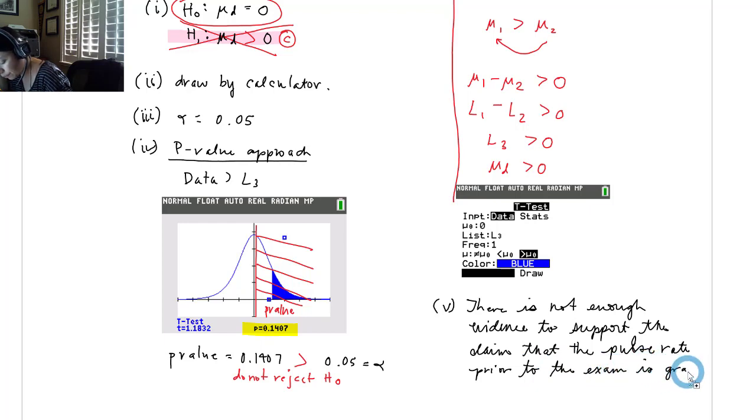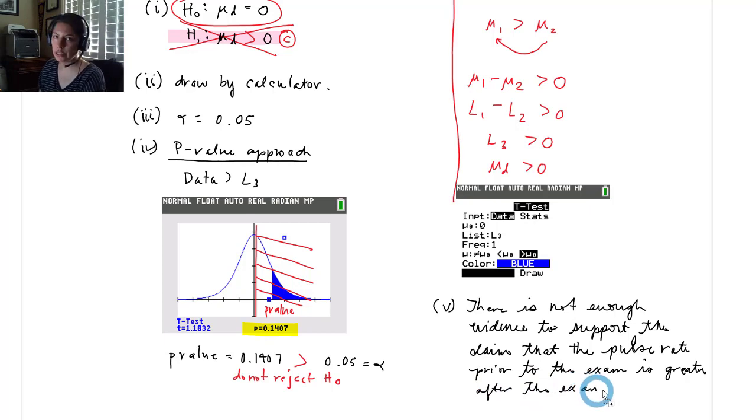You could be more elaborate, but I think this is good. It shows that you understand how to interpret in terms of the claim and in context of the problem. So if you want to go into further detail, you're more than welcome to do that.